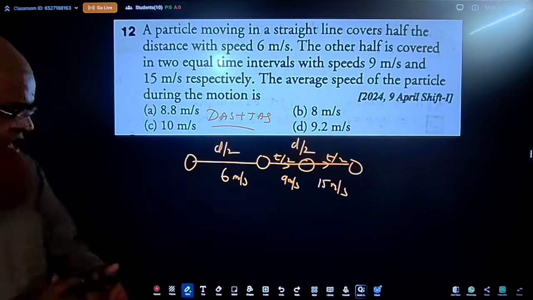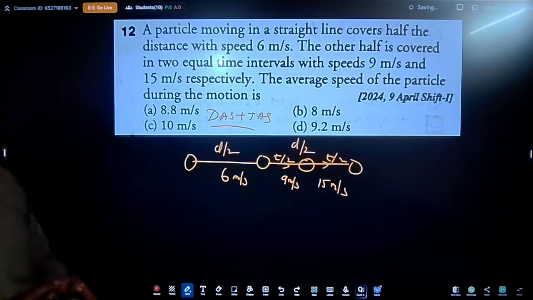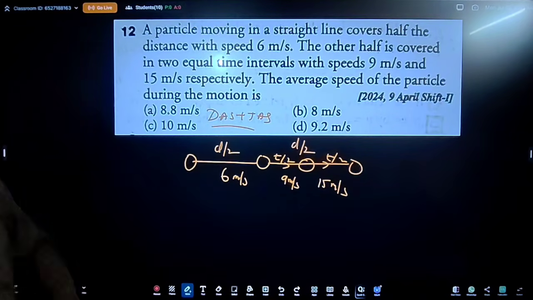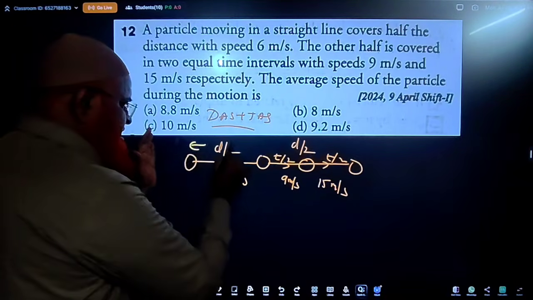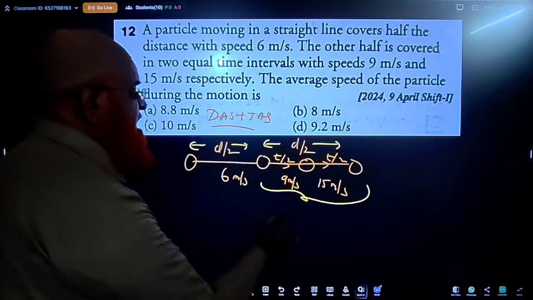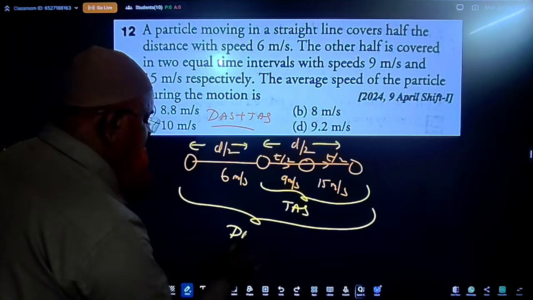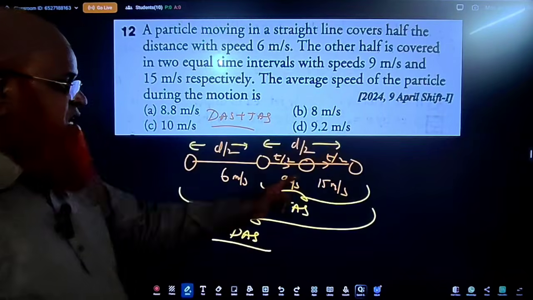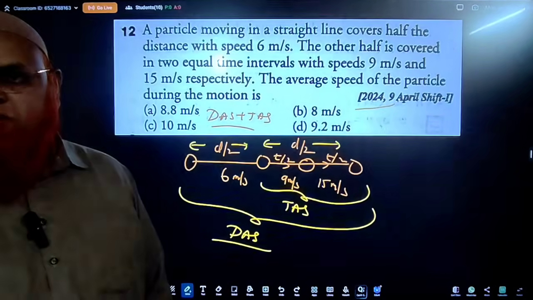Once again, just see how to solve this problem. First, divide this into exactly half distances. The second part is giving you time average speed, and the total is giving you distance average speed. This was the latest question asked in 2024, 9th April shift 1.